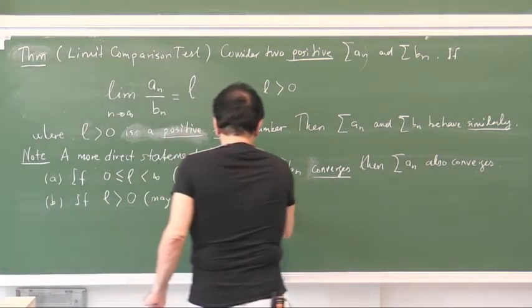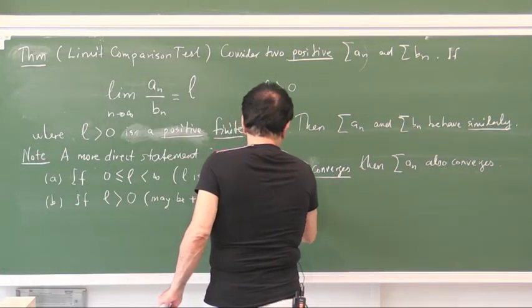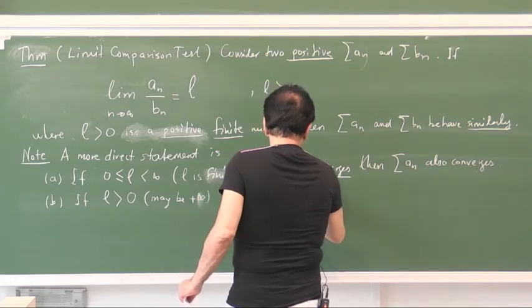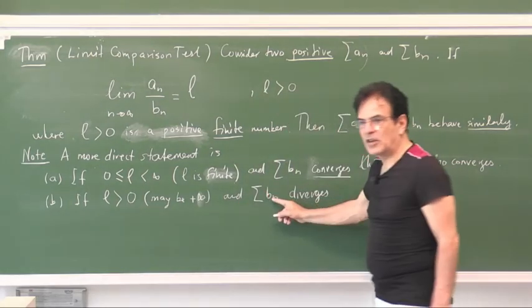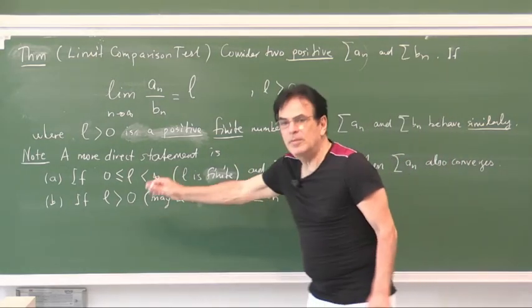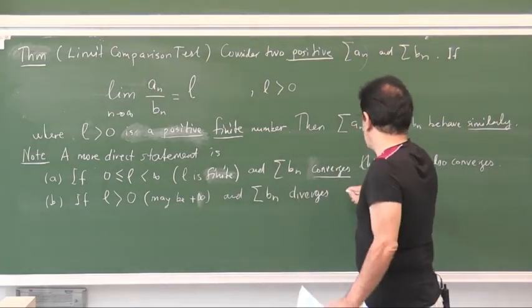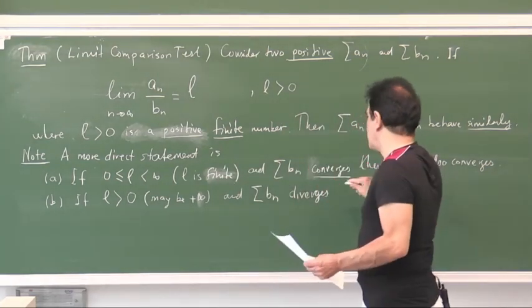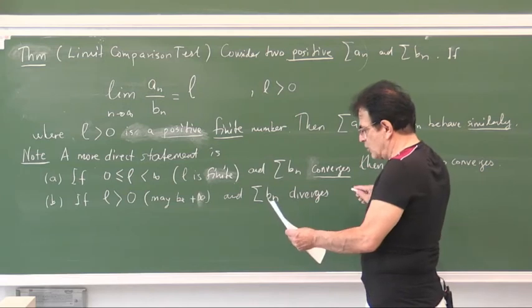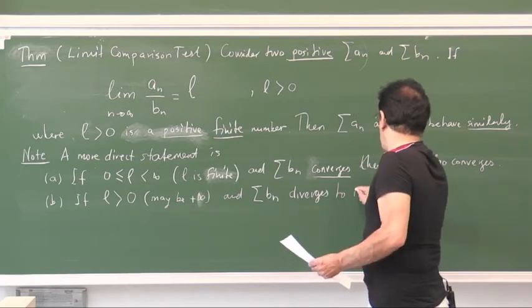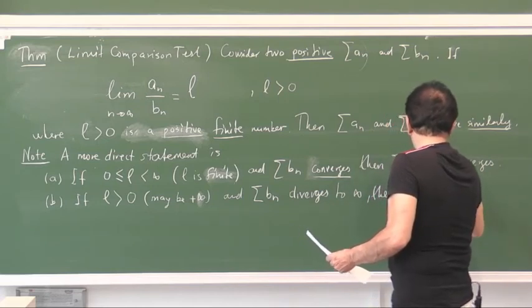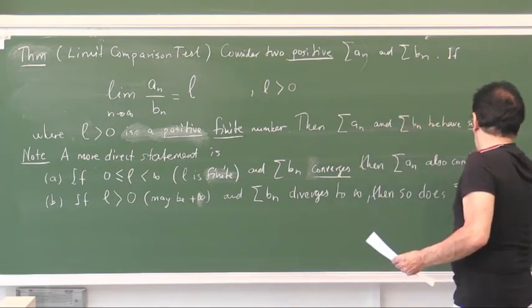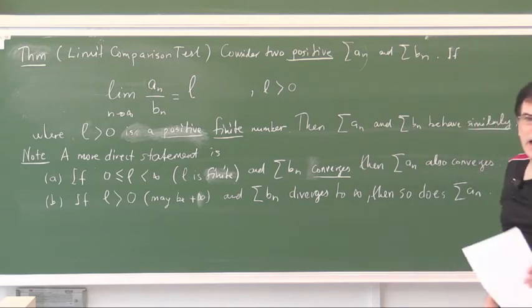And sigma bn diverges. So in the case of the series bn being divergent, the limit may be infinity also. Yes, and the behavior of the two series is the same. And if sigma bn diverges to, of course, plus infinity, then so does sigma an. So sigma an diverges to plus infinity as well.